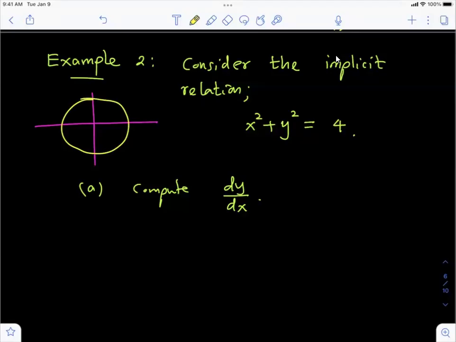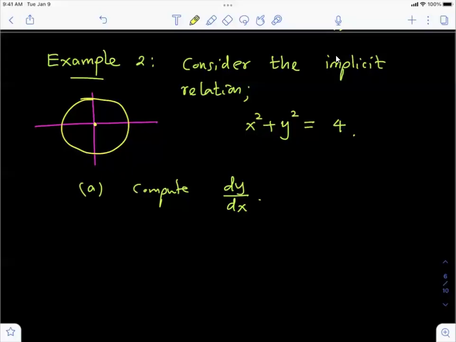That is a circle with radius 2, centered at the origin, right here. So this is a circle. Now, even for a circle, can you see it has an implicit relation? It says x squared plus y squared equals 4.